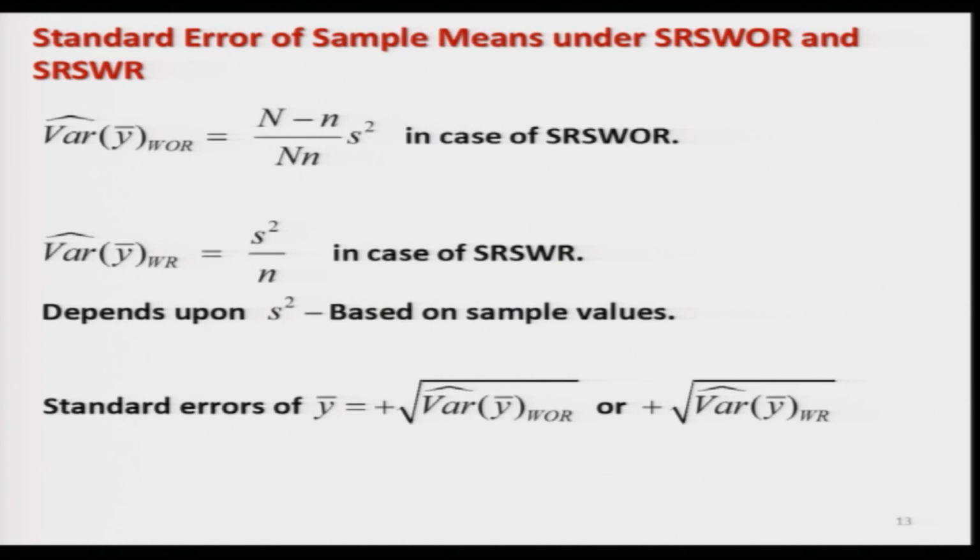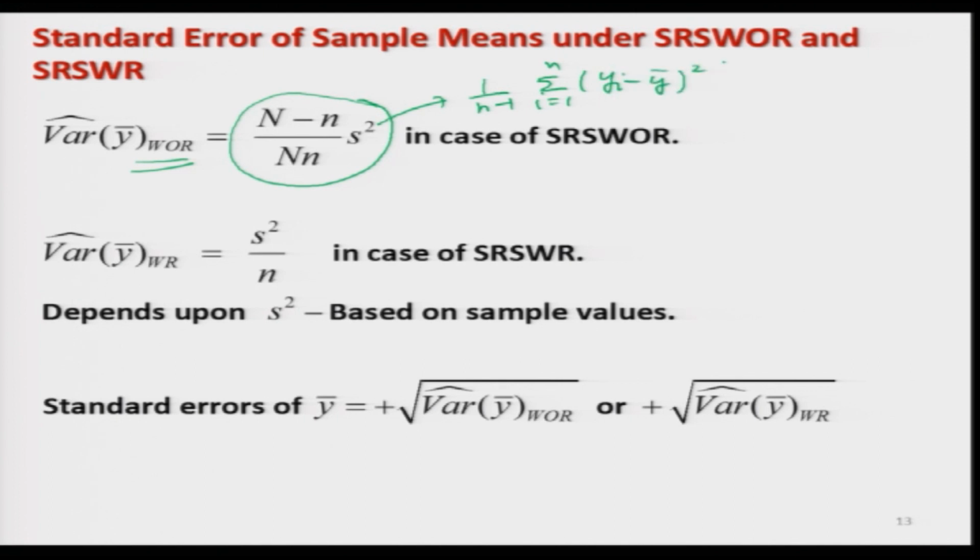So in order to solve this, what we had done is that we had estimated these variances. An estimate of the variance of y bar under WOR was obtained like this: (N minus n) upon N into n into small s square. Small s square was 1 over (n minus 1) summation i goes from 1 to n of (yi minus sample mean y bar) whole square.